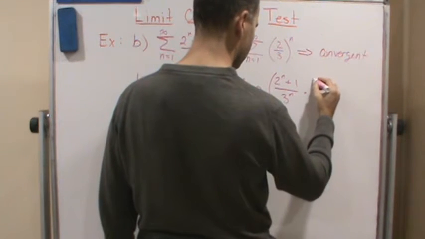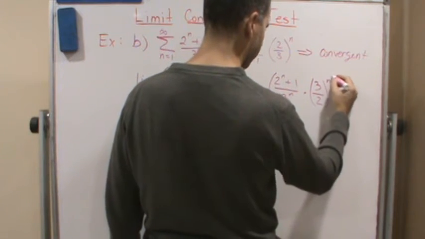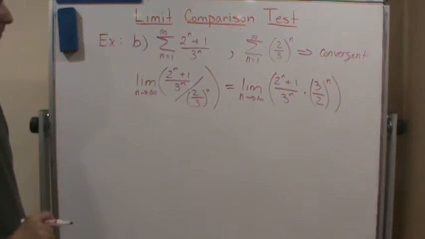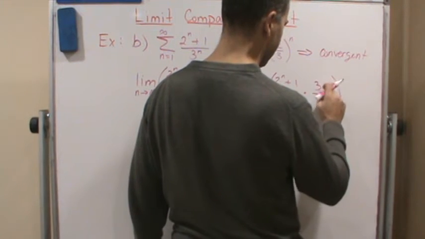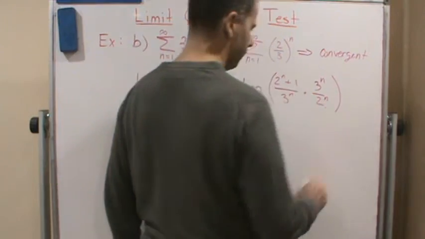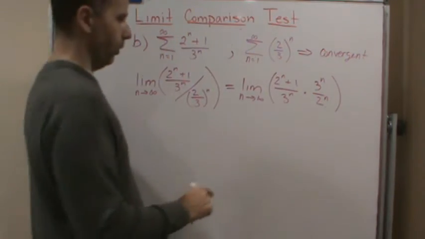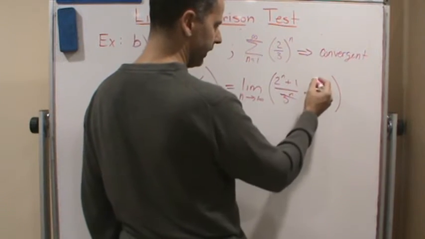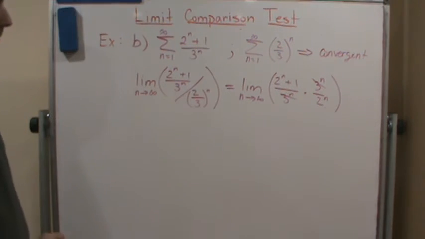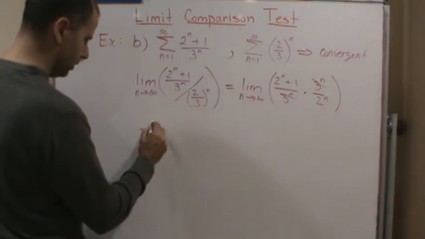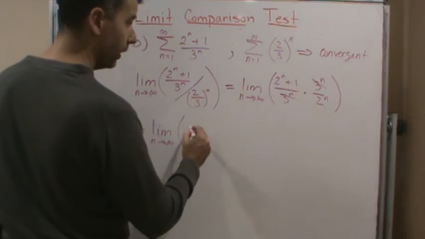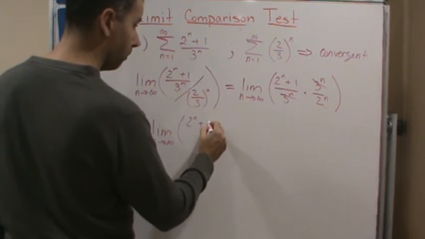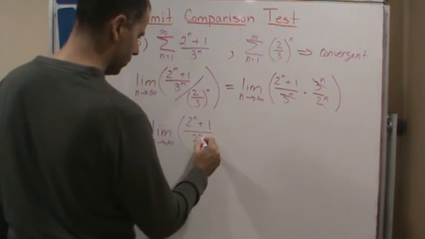So 3 halves to the nth power. Now, this is just going to be what? Well, let's distribute the n. So this is 3 to the n divided by 2 to the nth power. Well, this 3 to the nth is going to cancel with this 3 to the nth power. And so now this equals the limit as n approaches infinity of what? It's going to be 2 to the nth plus 1 over 2 to the nth.